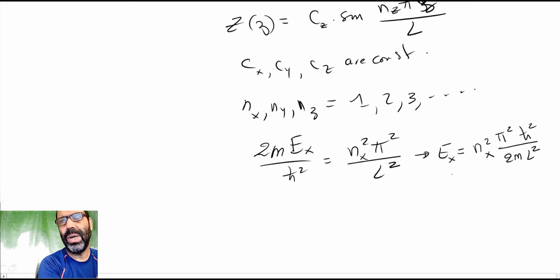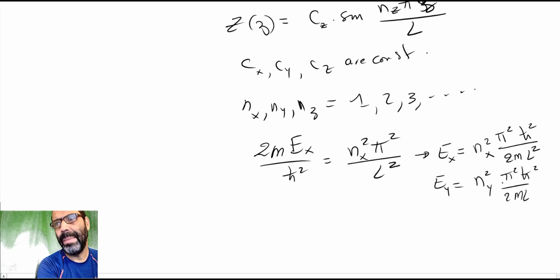And the same thing for Ey is going to be ny squared pi squared h bar squared divided by 2mL squared, and Ez is going to be basically nz squared times pi squared h bar squared divided by 2mL squared.